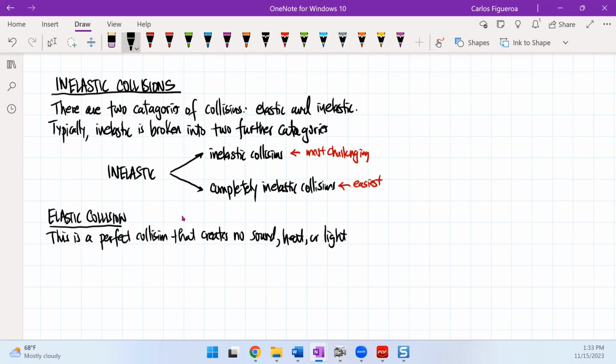In the way we deal with elastic collisions here, we drop a ball. And as we drop a ball, it goes downwards. And then right before it hits the ground, remember, we have to worry about this. There's a process of deformation that goes on. And what we pay attention to is what is the momentum right before the collision, and then we look at what is the momentum right after the collision.